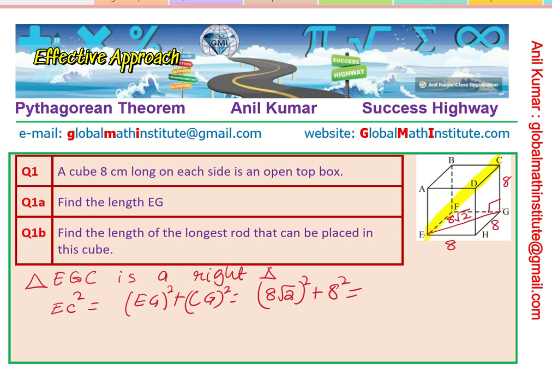So we have three eights now, right? If you work it out, what you get here is 8 square times 2 plus 1, which is 3. So we get 8 square times 3 within the brackets. There are 3 8 squares here. So EC will be equal to square root of 8 square times 3, which is 8 square root 3.